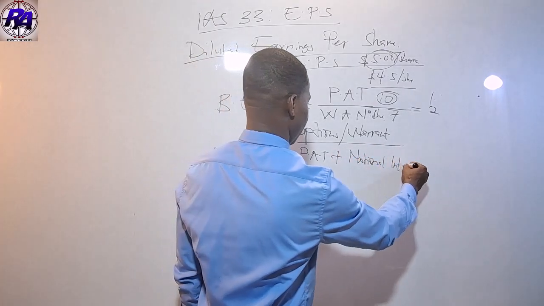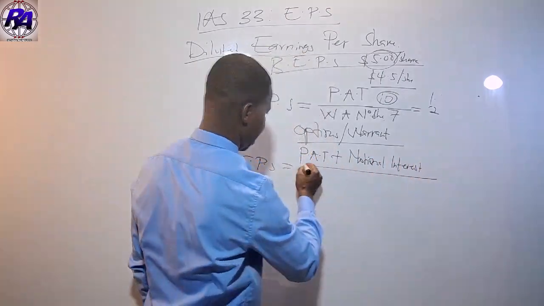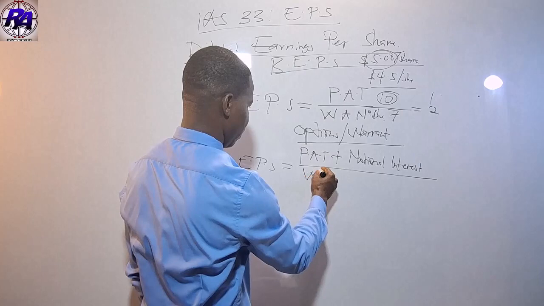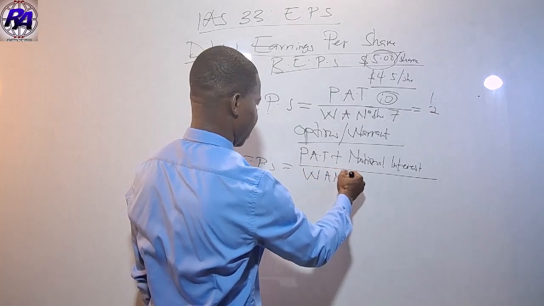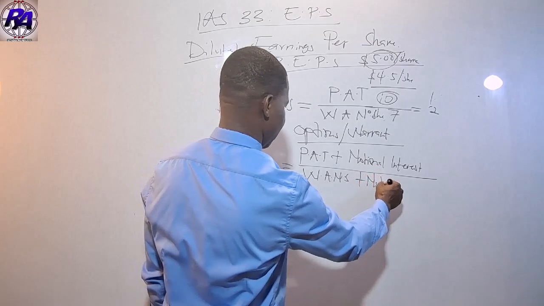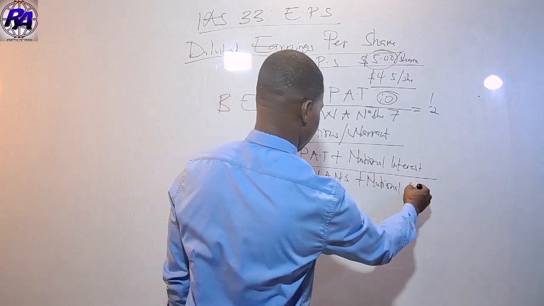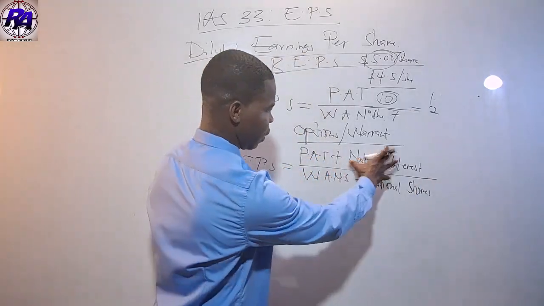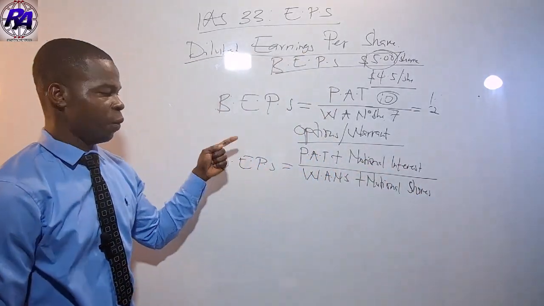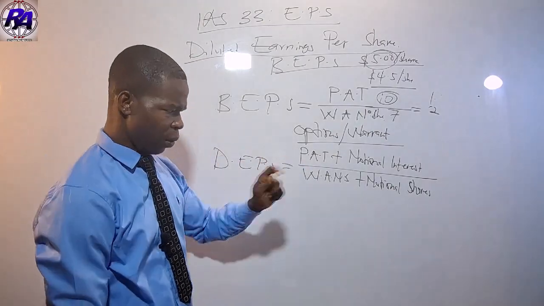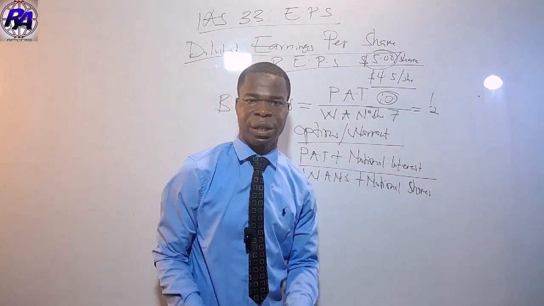I'll show you what notional interest is very soon. Then the denominator is the weighted average number of shares outstanding during the period, plus notional shares. Once you've gotten these two figures, you can compute your diluted earnings per share. Now, what is this notional interest?